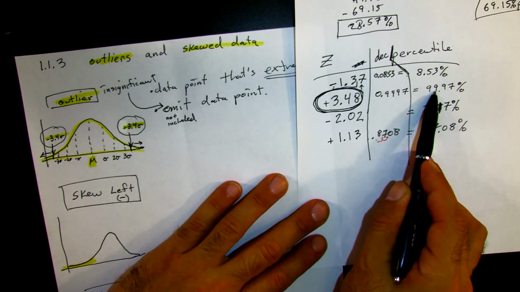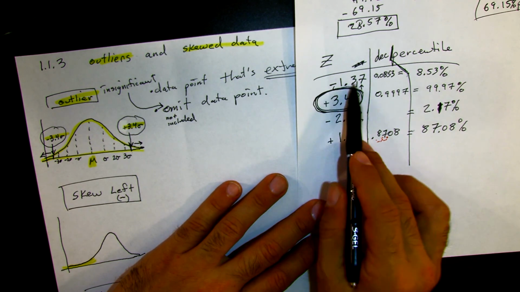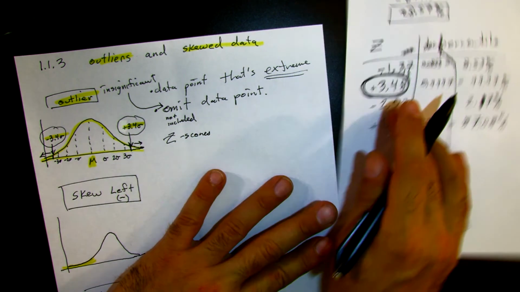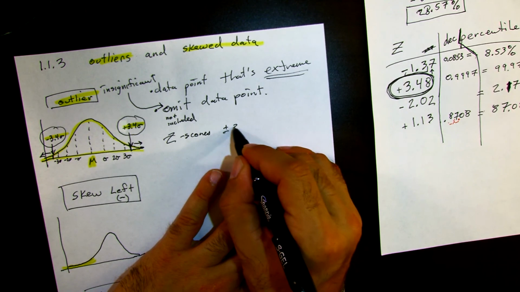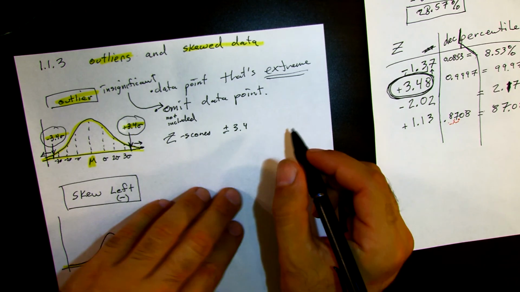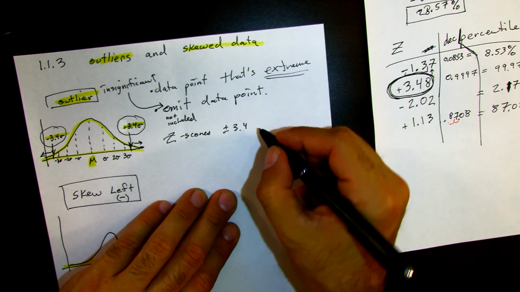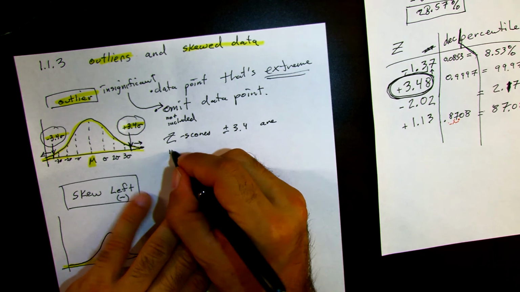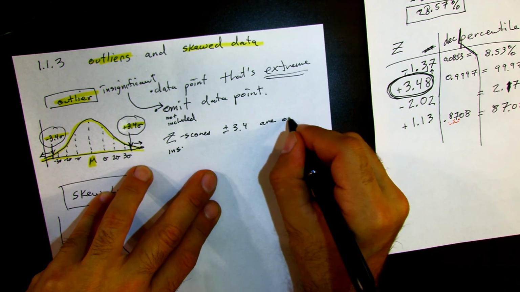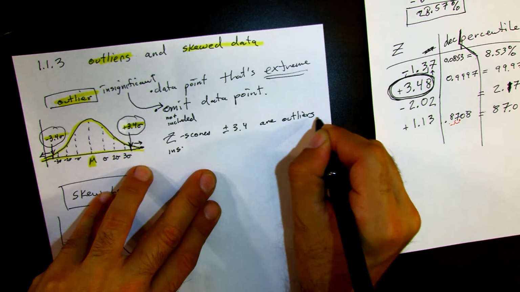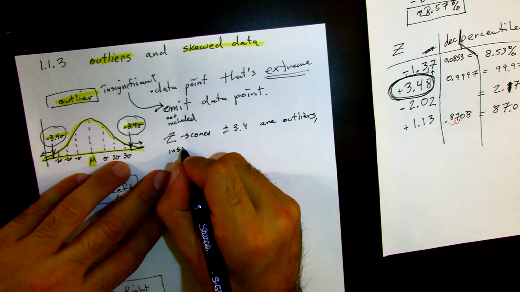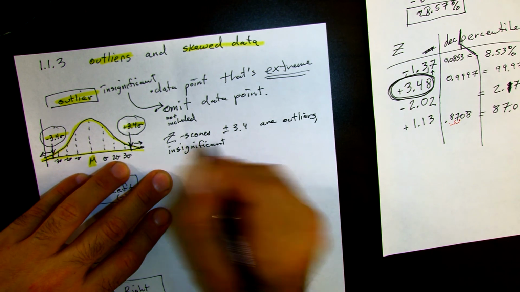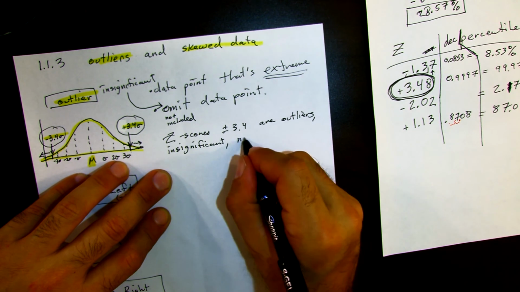Anytime you get a z-score plus or minus 3.4, they're outliers, they're insignificant to the other data, and we're not going to include it.